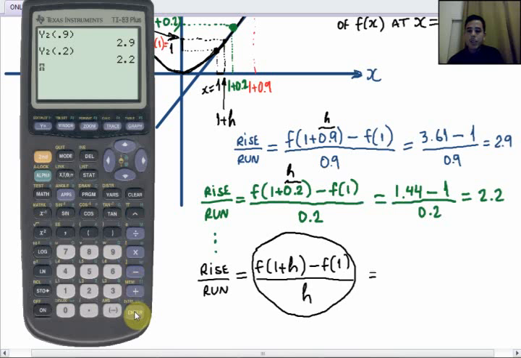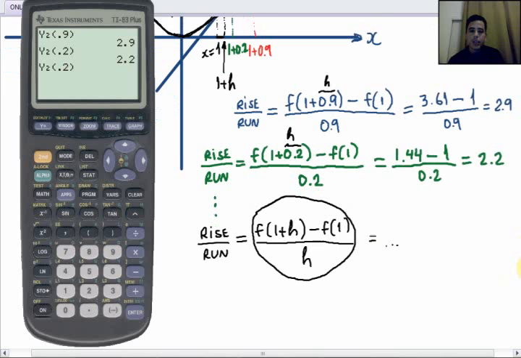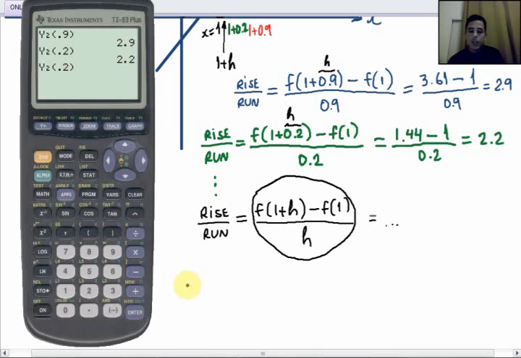Let's see what happens if I get closer to 0. Remember that we are trying to figure out the derivative at x equals 1, which is the limit of rise over run.